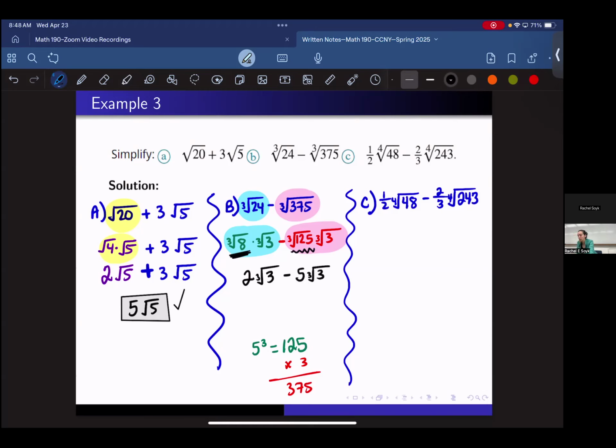So now when we combine our like terms or our like radicands, what's our final result? Negative 2 minus 5 is? 2 minus 5 is negative 3, right? Times the cube root of 3. And we're done. Does everyone see that?